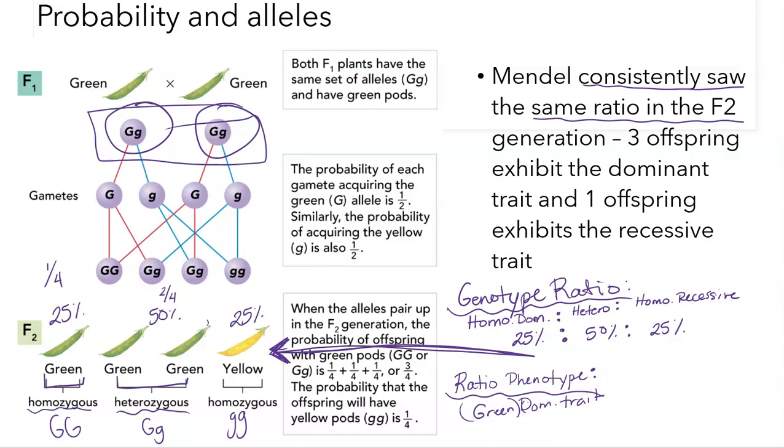And there are going to be 3 out of these 4 that could be green. And again, this is a prediction. And you could write it as 75% as well. We don't know if they're going to have 3 offspring every time, could be more, could be less. And 25% recessive trait.